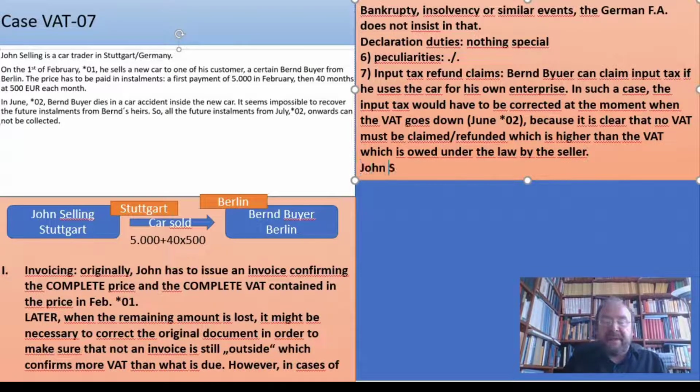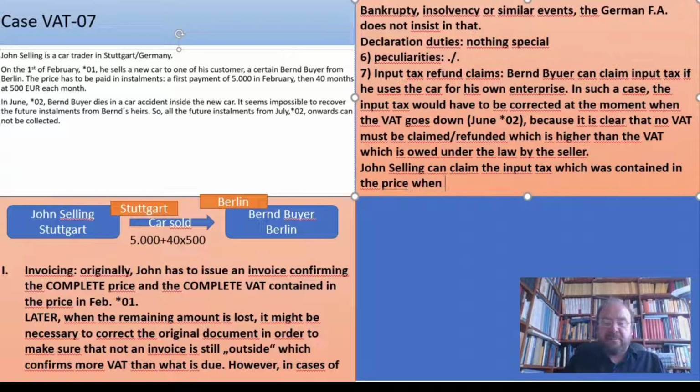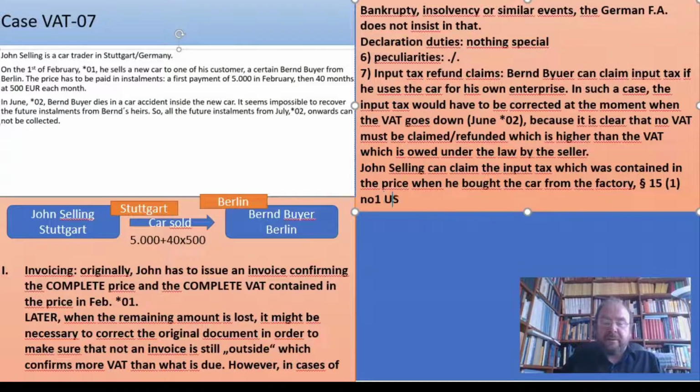Naturally, John selling can claim the input tax which was contained in the price when he bought the car from the factory, 15.1, number 1.